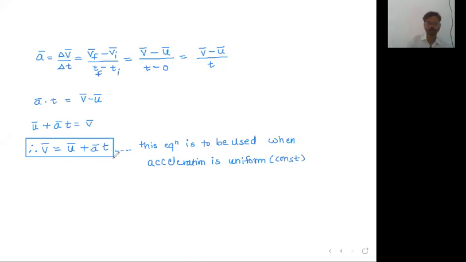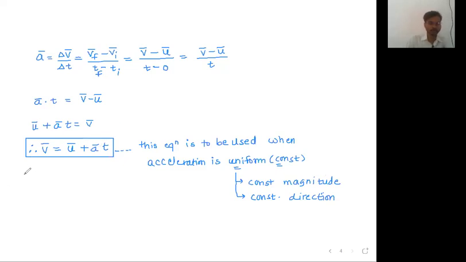Now acceleration is a vector. When to say a vector is uniform or constant? Sir, its magnitude should not change. Its direction should also not change. So constant magnitude and constant direction. In that situation we can use this equation v is equal to u plus at, or v bar is equal to u bar plus a bar into t.